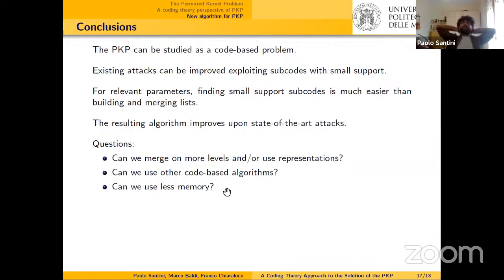Maybe I think that you can, because the fact is that in these attacks, the running time is basically equal to the size of the list. To reduce memory, maybe you can hope to find a small instance with some properties. So you have a success probability.